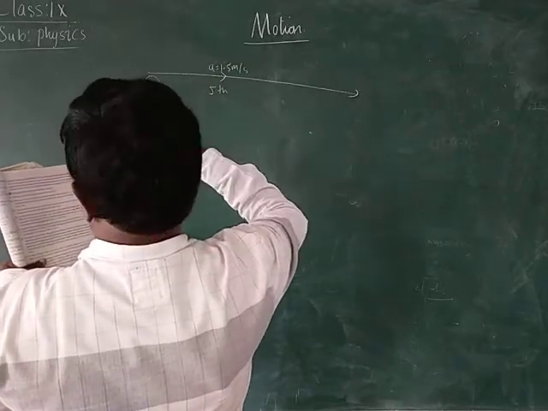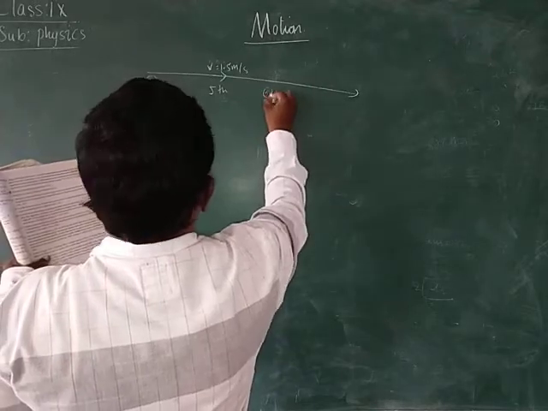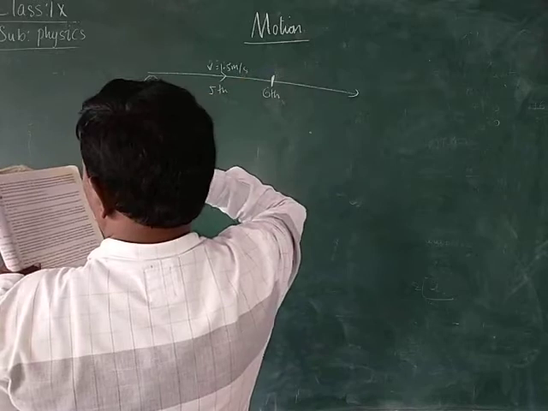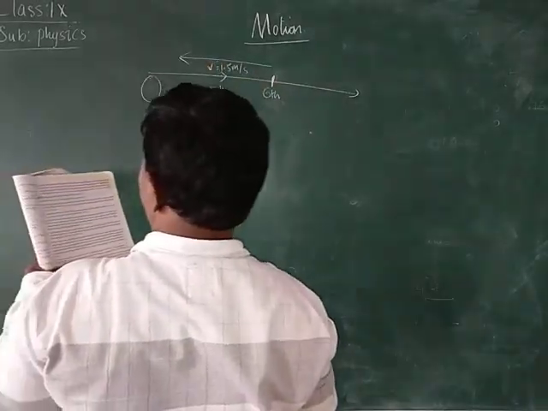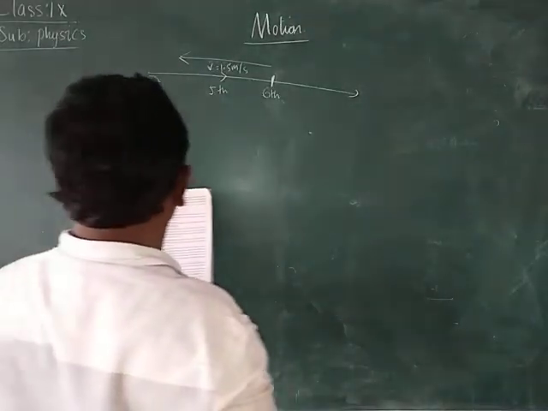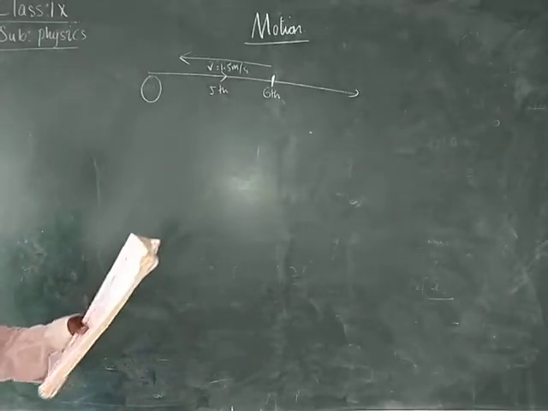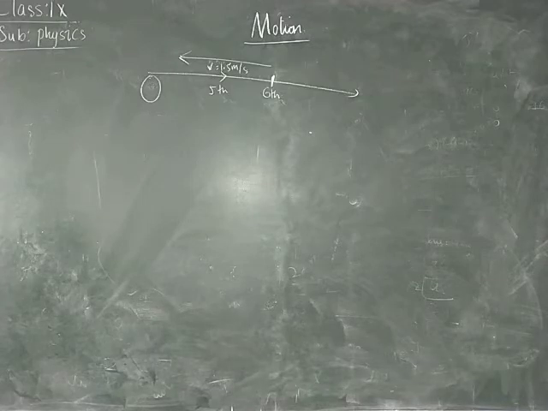At the end of the 6th second, the body stops, and then it moves back. Here he is asking to find the distance traveled by the body before it stops, and to determine the velocity with which the body returns to O. He is asking both.